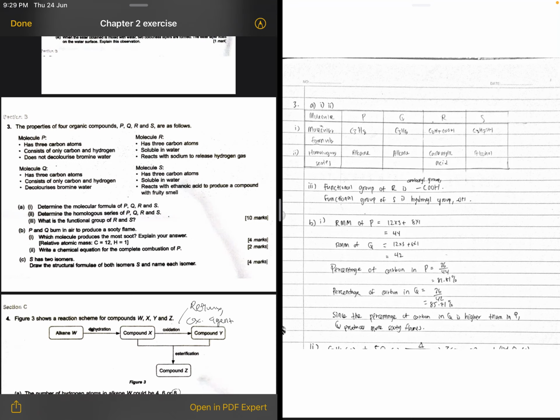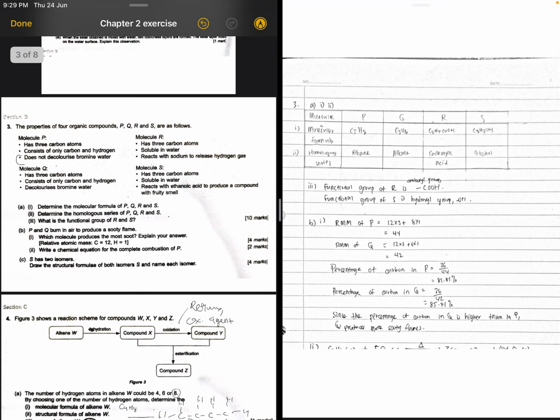First of all, I'm going to talk about how I got this. Number one, they all have 3 carbon atoms, so they're all prop-something. Now I have to know if they're alkane, alkene, alcohol, or carboxylic acid. It says here, does not decolorize bromine water and consists of only carbon and hydrogen.